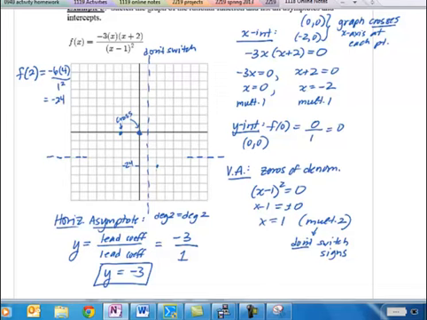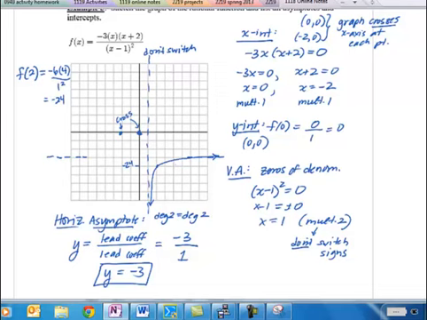And then if I move to the left of there, I know that when I hit this barrier, the vertical asymptote, I have to go down because I'm not allowed to cross the x-axis unless there's an x-intercept. And I also know that I have to level off at this line y equals negative 3 as I move to the right. So I've got this branch done.